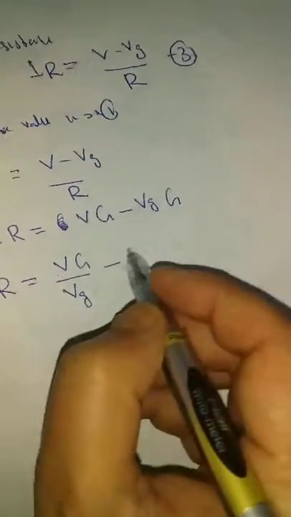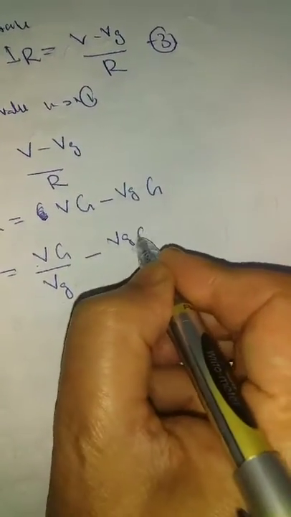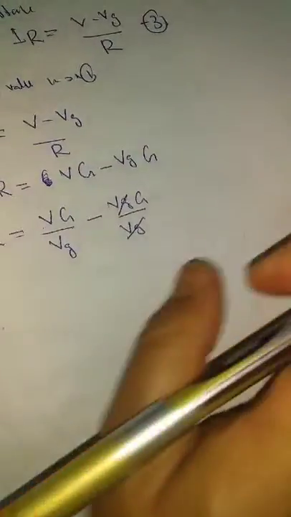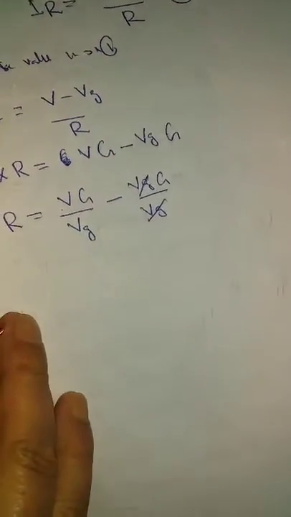Then Vg divided by G, the whole divided by Vg, where Vg and Vg cancel.